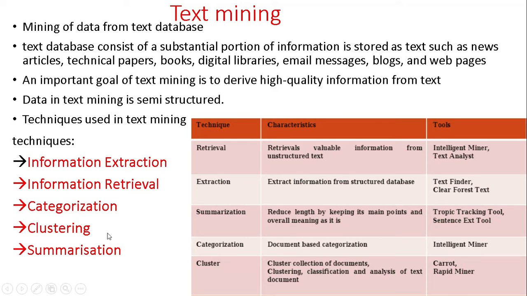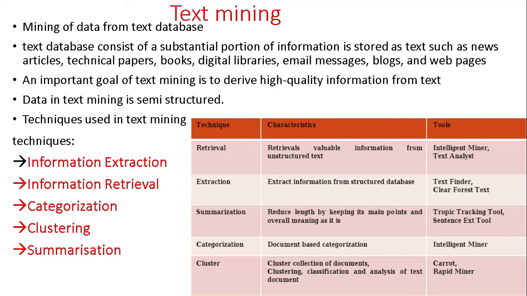Next is clustering. Clustering means you cluster similar types of documents together, or you can group them together. So a collection of documents is clustered, and classification and analysis of the text documents is done. The basic tools used here are Caret and RapidMiner. Next, summarization.